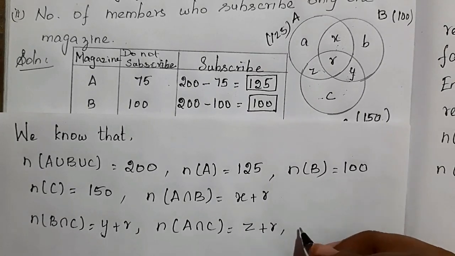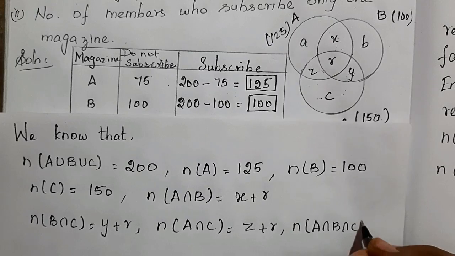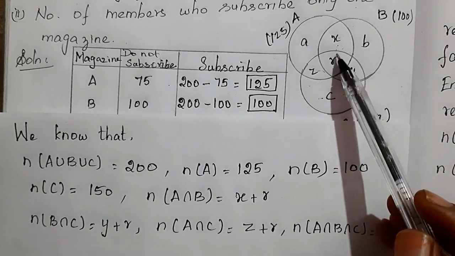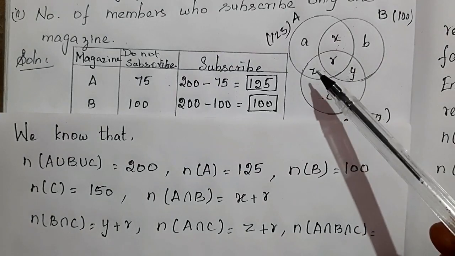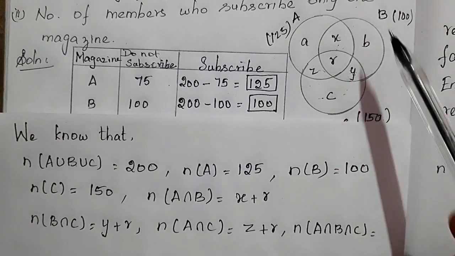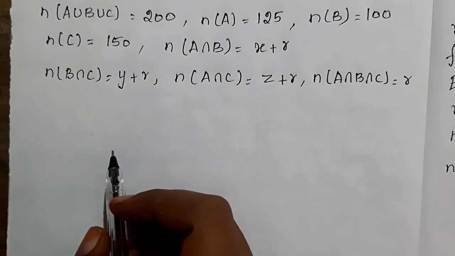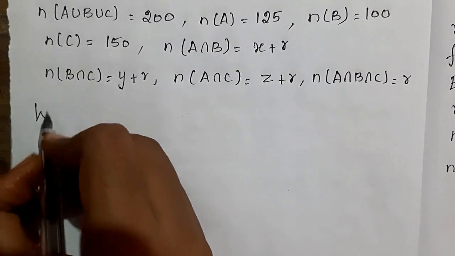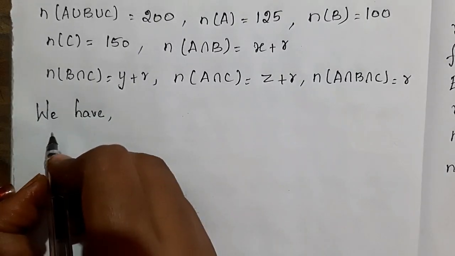Also we need the value of N of A intersection B intersection C. So what is the value? Middle part is known as A intersection B intersection C, because that is common for all the three sets. So that is equal to R. Okay. So next we have, I am writing the formula.